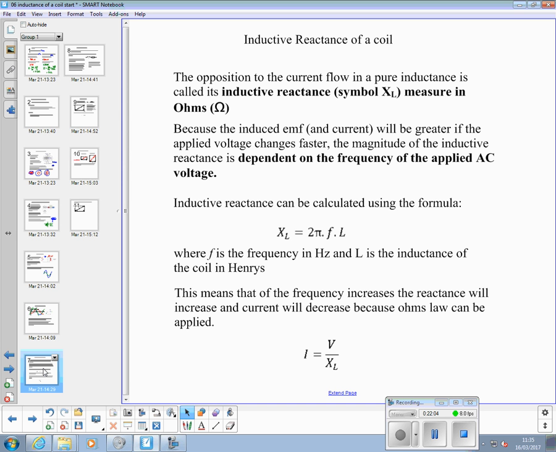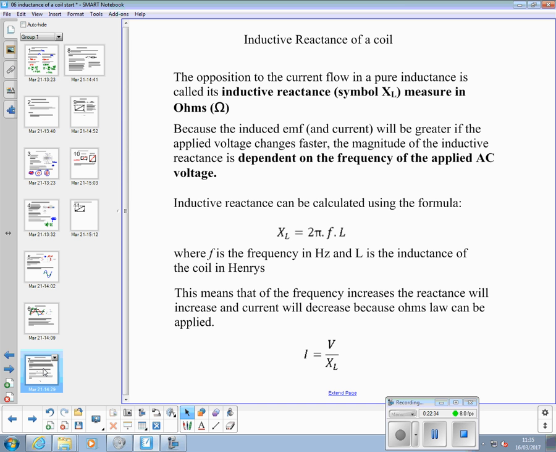XL is the symbol used, X being for reactance, L meaning for inductive reactance. Later on we're going to be talking about capacitive reactance as well, XC. Right? And it's measured in the same as other opposition to current flow things. It's measured in ohms. So we now got three things measured in ohms. We've got resistance, we've got impedance, and we've got inductive reactance.